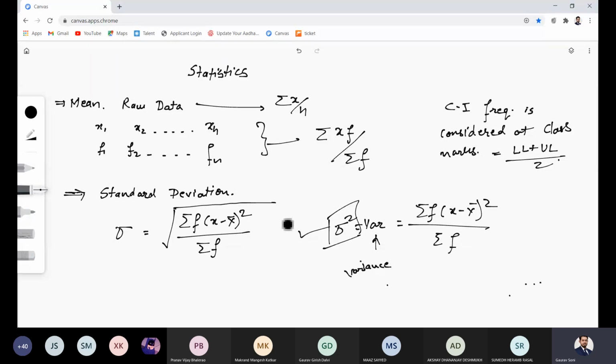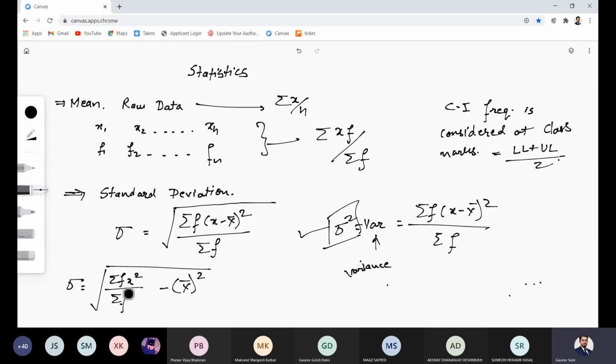We have also found out the simplified formula for the standard deviation. So sigma is equal to under root summation f into x square upon summation f minus x bar square.